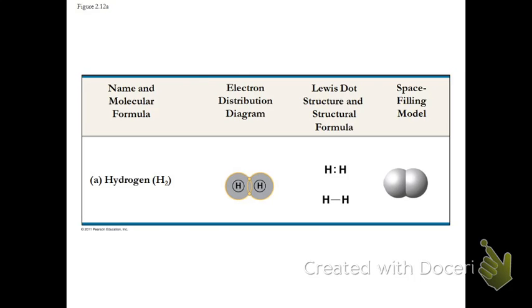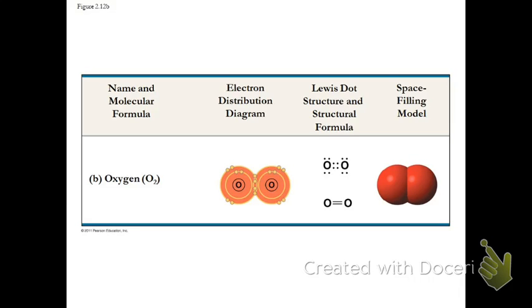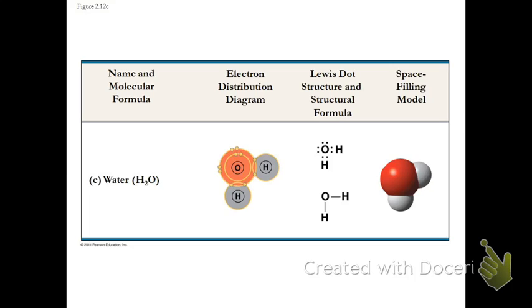Okay, so as they said, hydrogen can come together and form one single covalent bond by sharing one pair of electrons. Oxygen, you can have a double bond where 2 different oxygen atoms come together and share 2 pairs or 4 electrons.